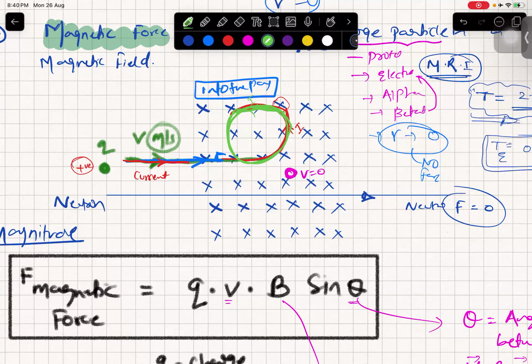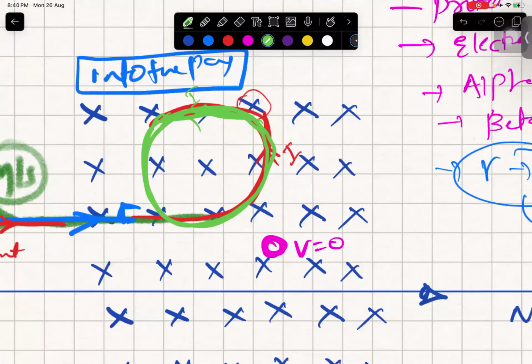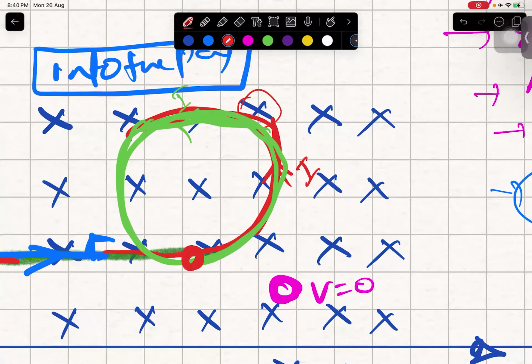So at every point, let's say at this point, that's the direction of current, or the velocity. The direction of force will always be towards the center of the circle.